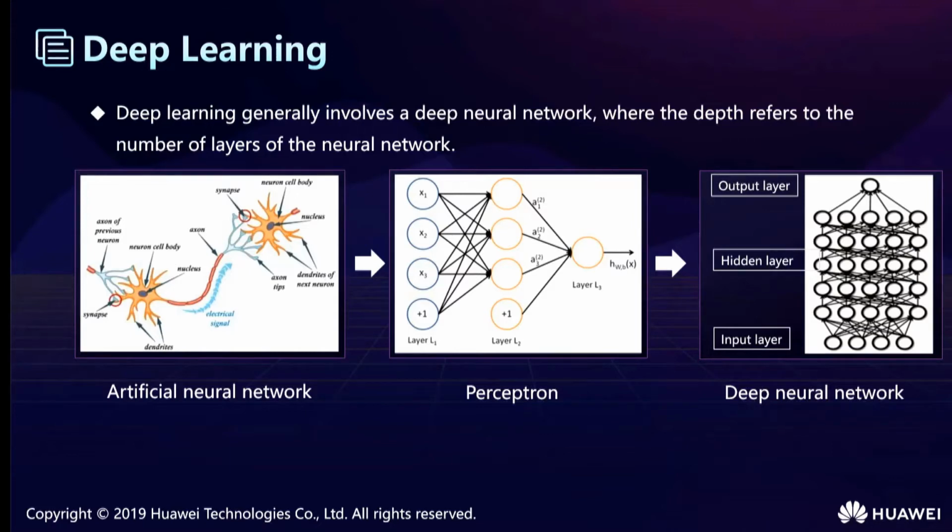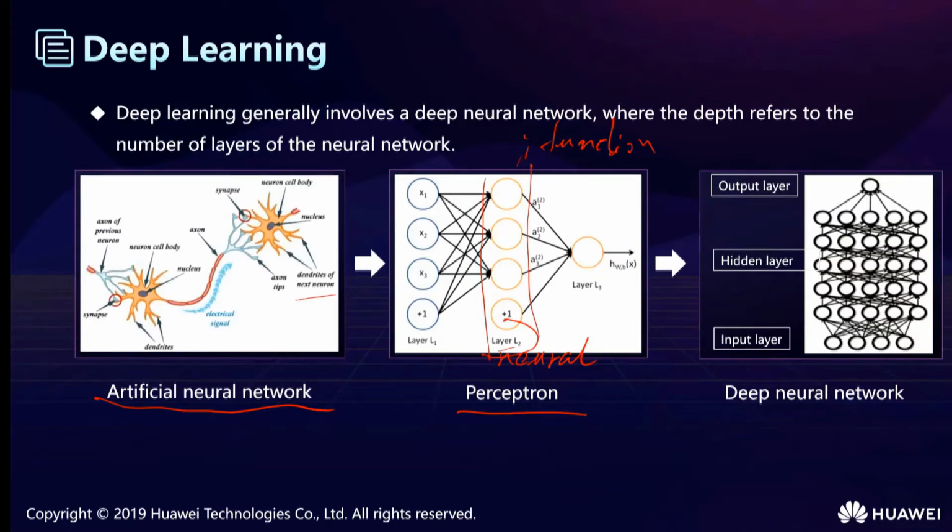The basic idea is to simulate the neural network with one neuron connecting to the next neuron. To simulate that, we built the perceptron, which has just one layer, and the neurons in this layer function as neurons. So this is a simple neural network, the perceptron.